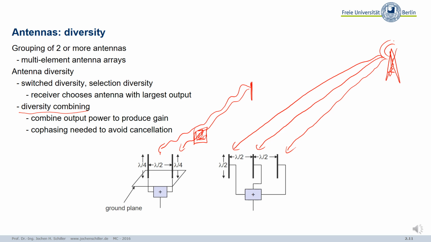So weaker signal, stronger signal, that's one thing to handle. The second thing is, what else could be a problem if you have a situation like this? Can you imagine a problem? Now you receive the signals, okay? The signals you receive, analog signals, travel along this wire and you recombine them. What could be the problem here, where I simply have this plus sign?